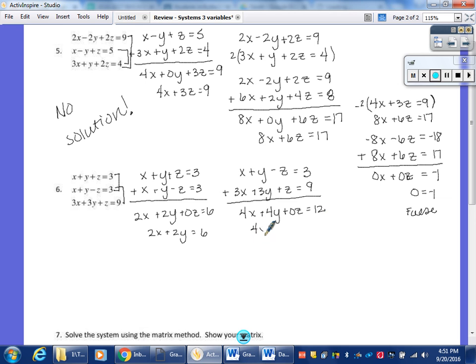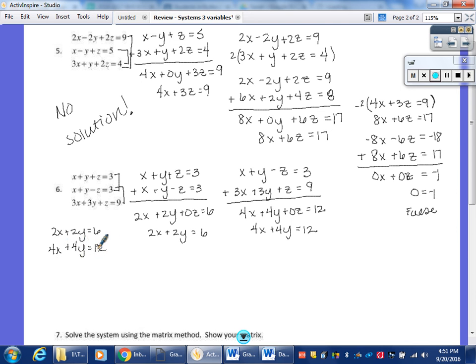And that's 4x plus 4y is equal to 12. And what we do with those two equations, that's two variable equations, is I stack them on top of each other and use elimination one more time. I'm going to do that over here just to not get us mixed up in the work from problem 5. So this is 2x plus 2y is equal to 6, and 4x plus 4y is equal to 12.